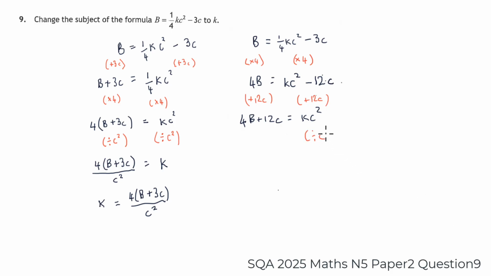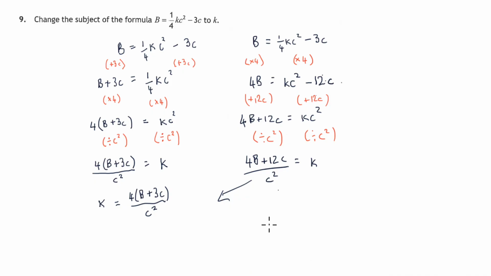So in effect it's the same as what we did before, except we're multiplying out these brackets. So there we go, we'll be left with k and 4b plus 12c divided by c squared, and write it with the letter on the left.